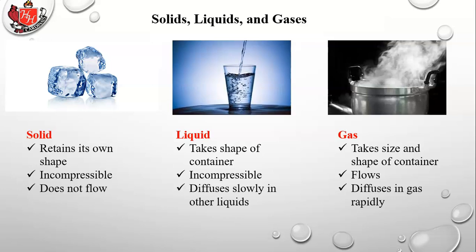So it will take on the size and the shape of the room. So gas takes on the size and shape of the container that's holding it. It flows and it diffuses in gas fairly rapidly. So that perfume would spread out probably within 5 minutes. You'd be able to smell it in different parts of the room. So that's solids, liquids, and gases.